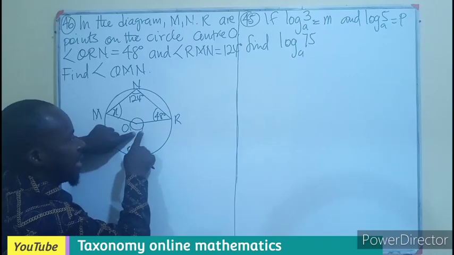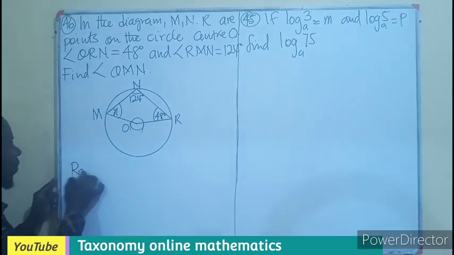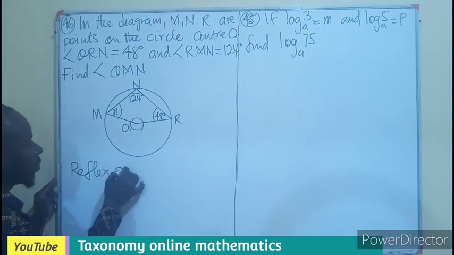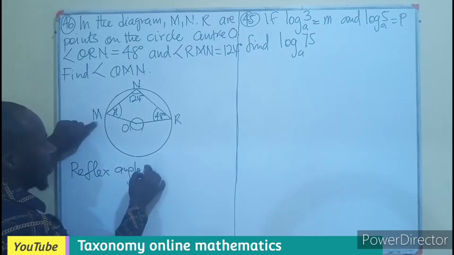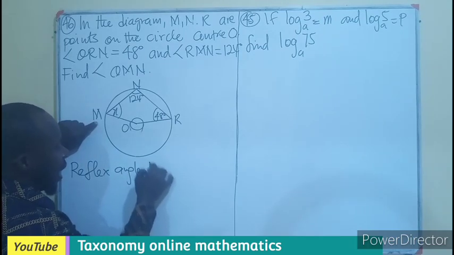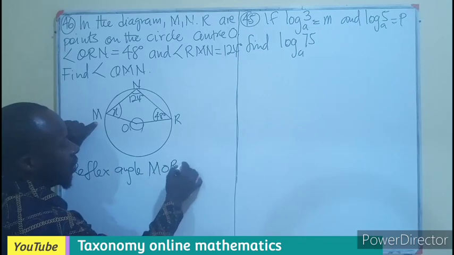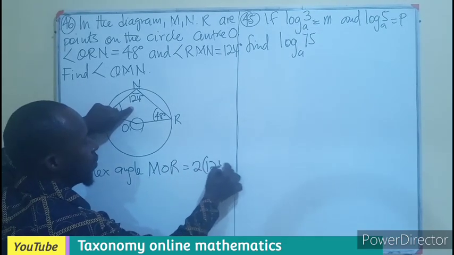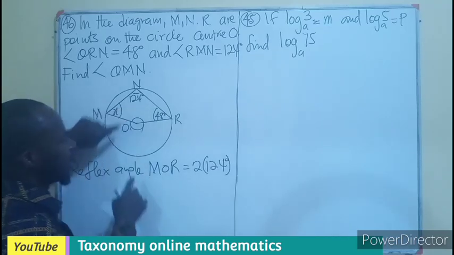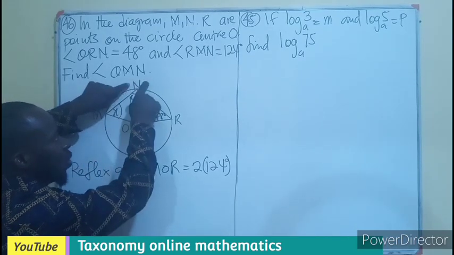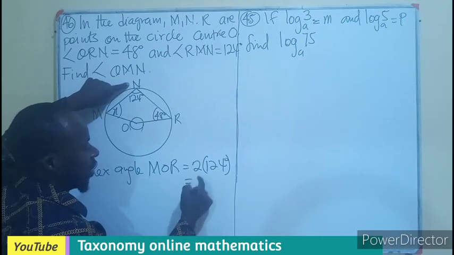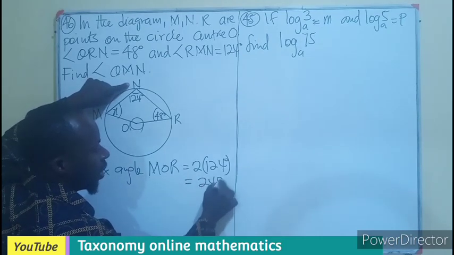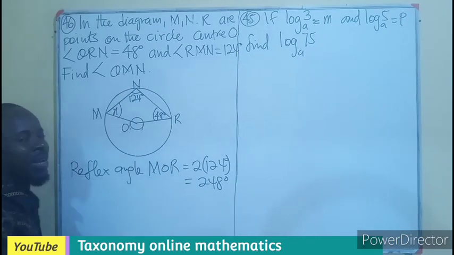So the reflex angle MOR equals 2 times the angle at the circumference, and that gives us 248 degrees.